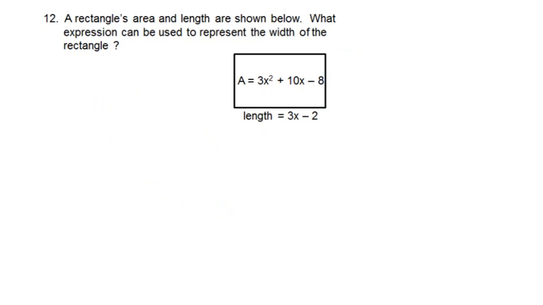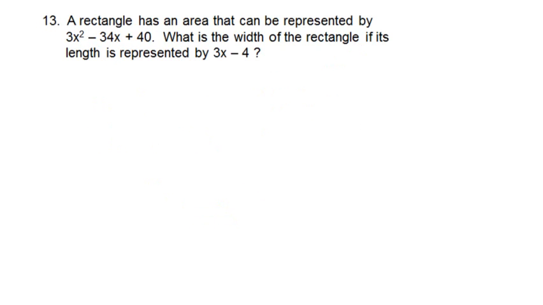The last one I'm going to go over in this exercise set is number 13. We have a rectangle with an area that can be represented by 3x squared minus 34x plus 40. What is the width of the rectangle if its length is represented by 3x minus 4? We could possibly do synthetic division, but if you don't have a single x, an easier way is polynomial long division.